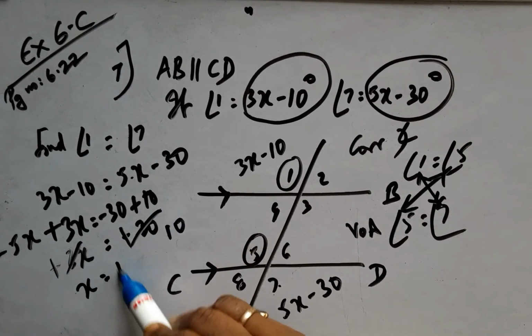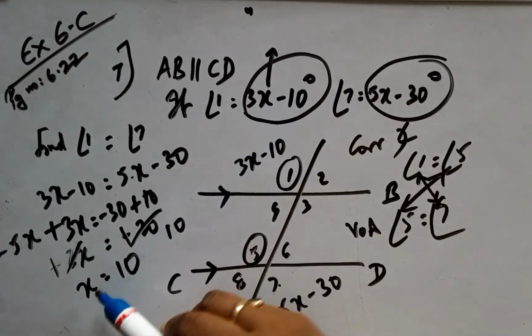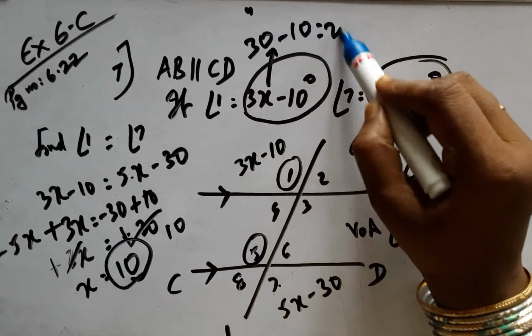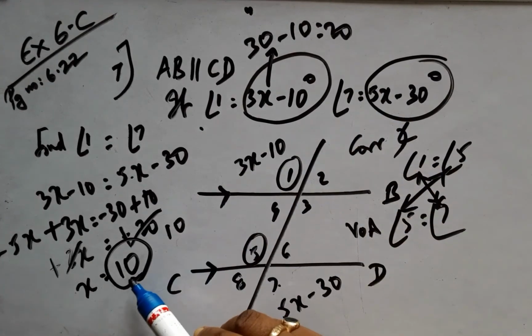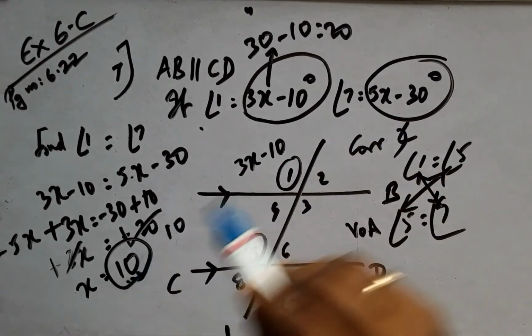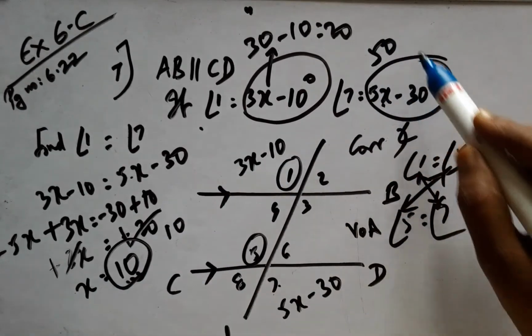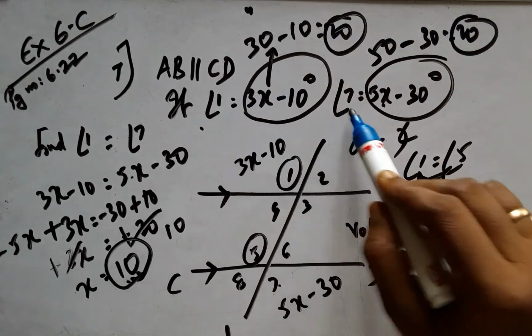Therefore x value is 10. If I substitute the x value here, 3 times 10 is 30 minus 10 is 20, and therefore angle 1 is 20. You have to cross check also to ensure that your problem is correct. Now 5 times x is 50, 50 minus 30 is 20, therefore angle 1 equals angle 7.